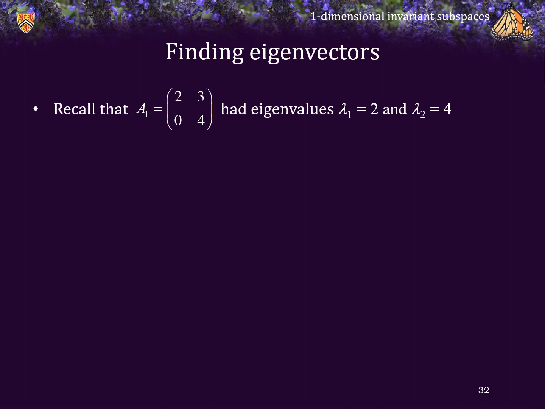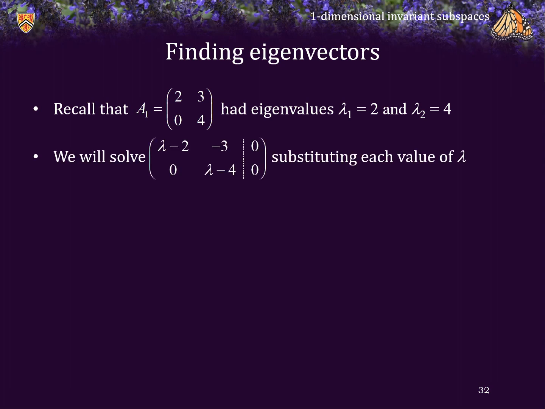Now, recall that our first matrix had the eigenvalues 2 and 4. To find the corresponding eigenvectors, we will substitute both 2 and 4 into this homogeneous system of linear equations.